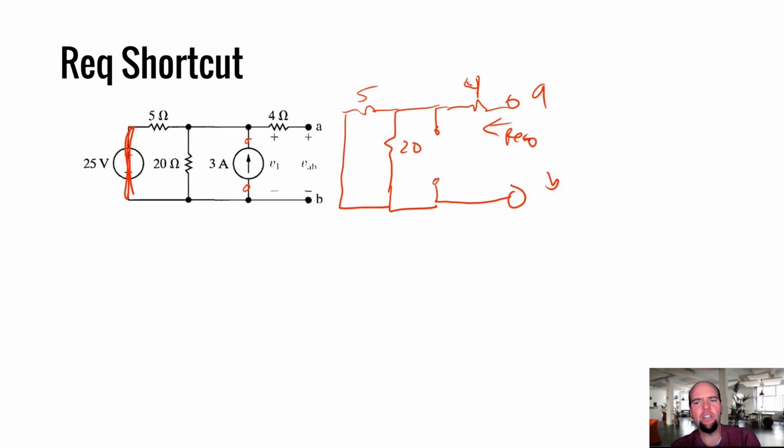What resistance is between terminals A, B when all of our supplies are set to 0 in our circuit? Well, because this is not here, from the perspective of these terminals A, B, we have a 5 in parallel with a 20, right? Which is 4 ohms, so we could replace this with a 4.